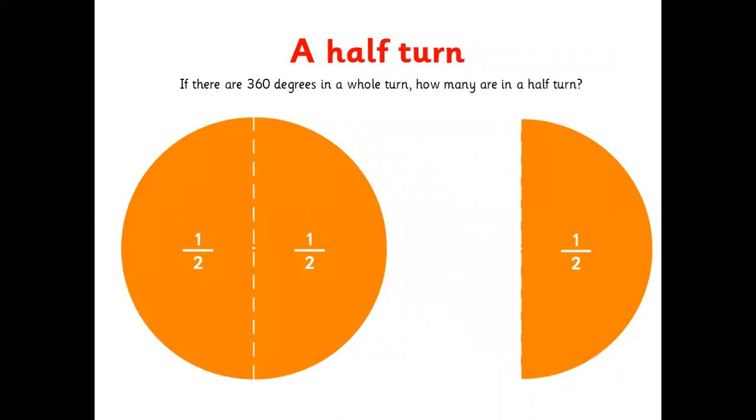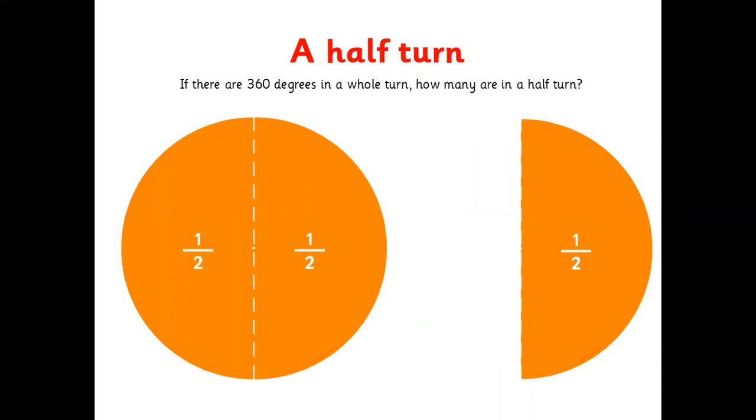Okay. Half a turn. If we know that there are 360 degrees in a whole turn, or a full turn, how many degrees are there going to be in half a turn? Let's have a think about how we can work that out. So if we're looking for half, we divide by 2.